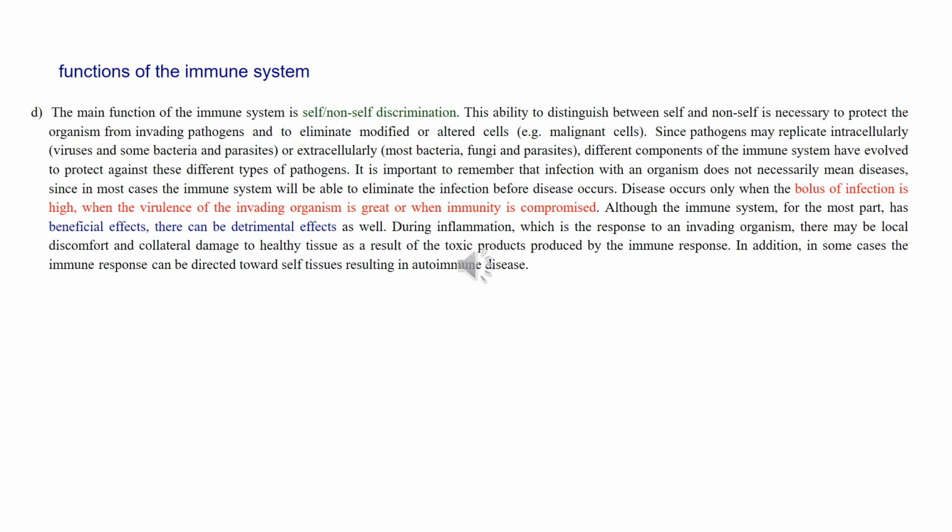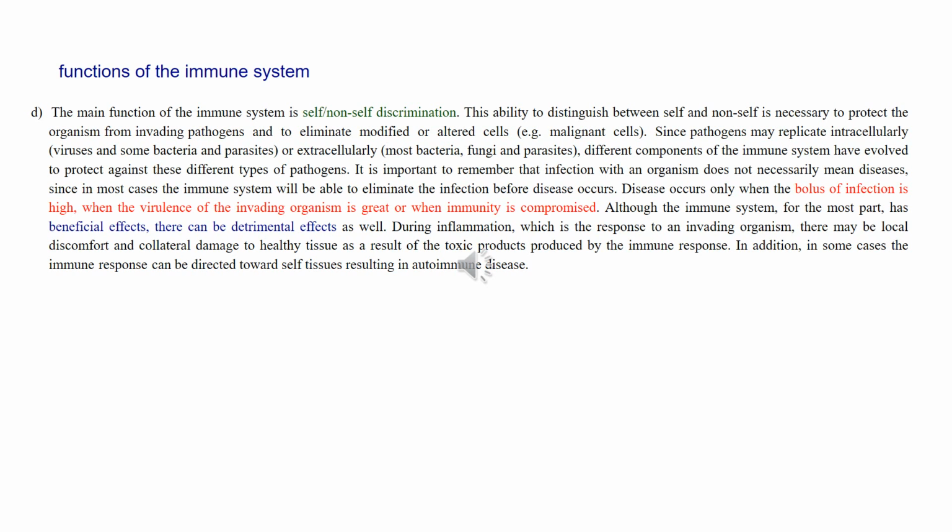Since pathogens may replicate intracellularly, like viruses, some bacteria and parasites, or extracellularly, like bacteria, fungi, and parasites, different components of the immune system have evolved to protect against these different types of organisms.